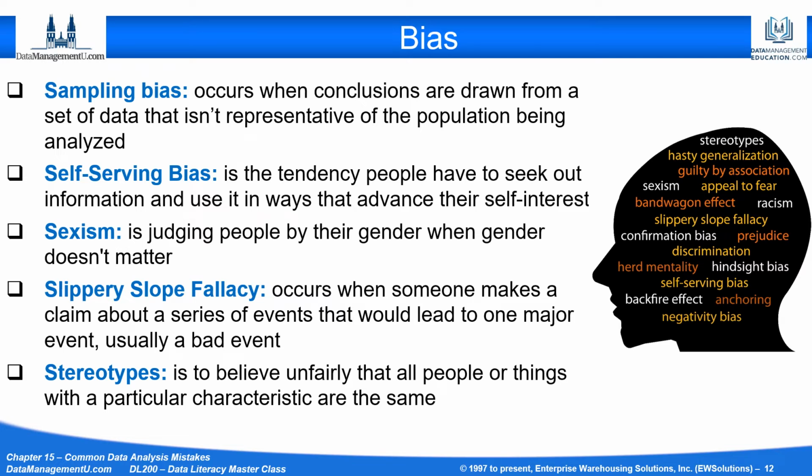The last but not the least bias that we will see sometimes in analysis are stereotypes. And a stereotype is to believe unfairly that all people or things with a particular characteristic are the same. And the key thing is unfairly. So if the characteristic is height, and we are saying, hey, everybody who's 6 feet 5 inches tall is really tall, that's not unfair.